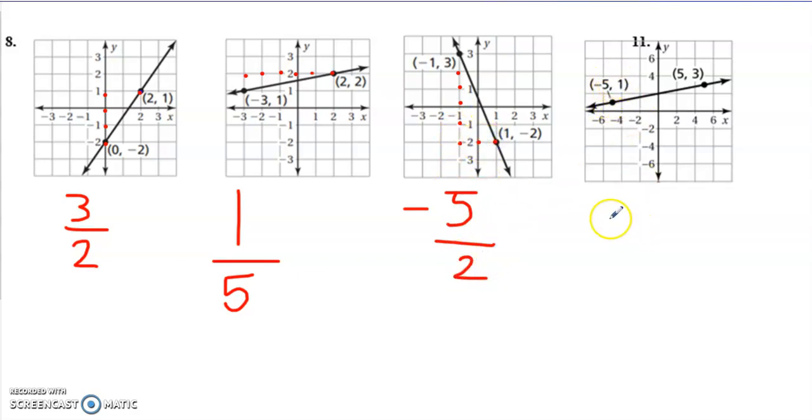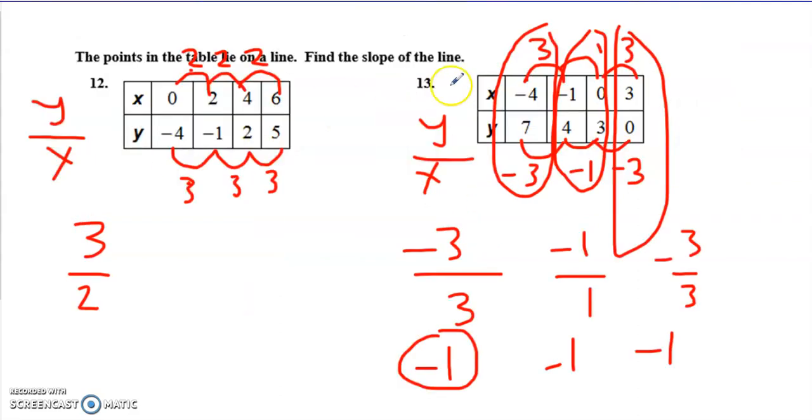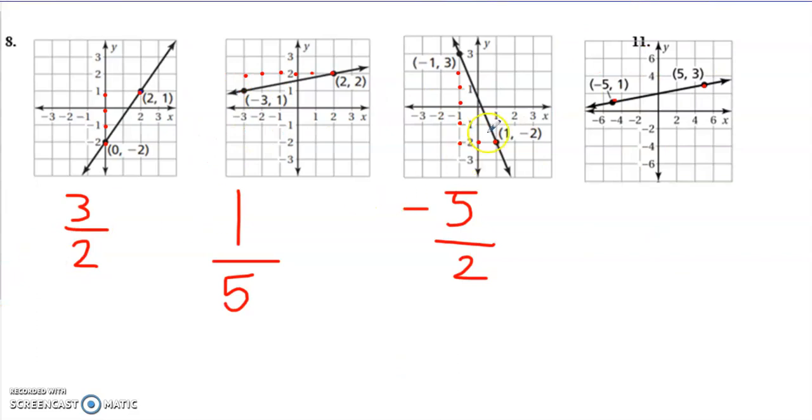Right here, this is a positive slope, and we're not even on the lines here, so we can just look at the numbers just like we did with the numbers on the table. So we know that we're comparing y over x. So let's look at our y's and what happened.